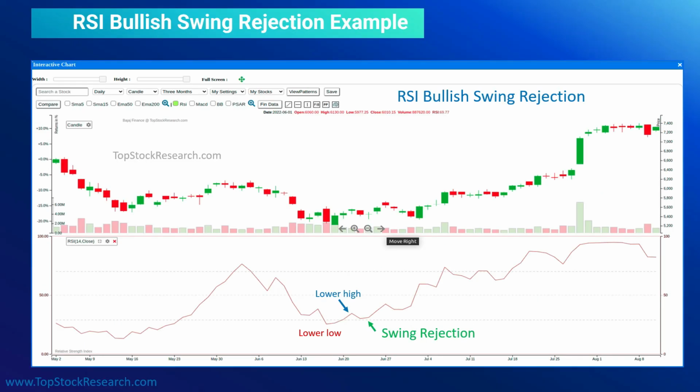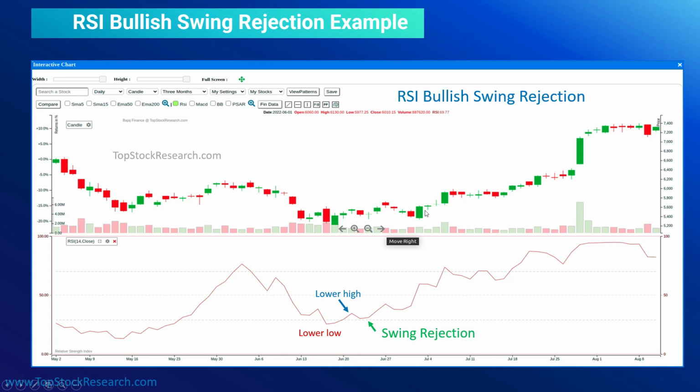Okay, an example of a swing rejection which your team has brought up. Now it has gone into oversold territory, tried to go up, then came down again just at that level. Just at the oversold level, it has again retraced. Now this is a good level to enter the stock. This becomes, in a way, a slight variation of a double bottom. Of course it's slightly different.